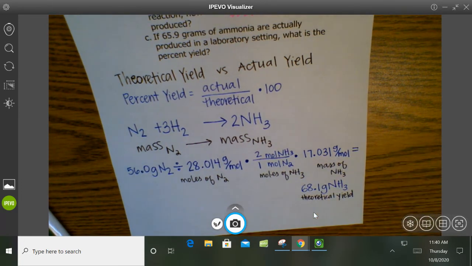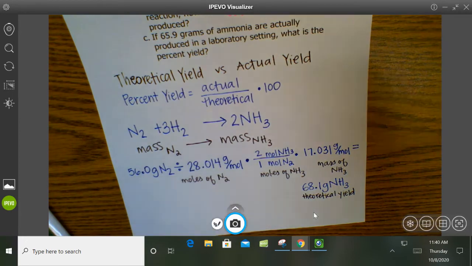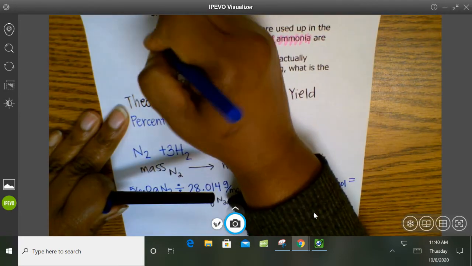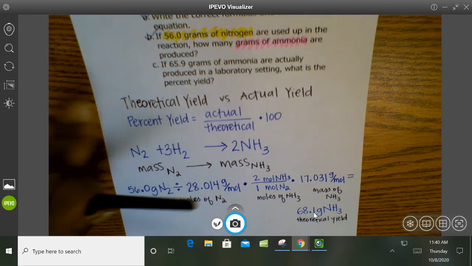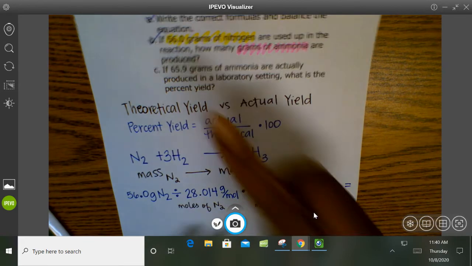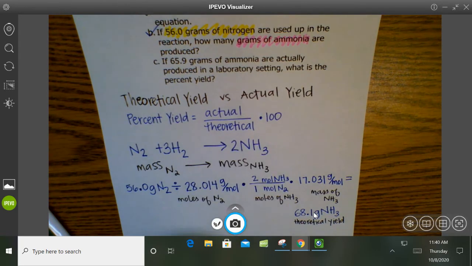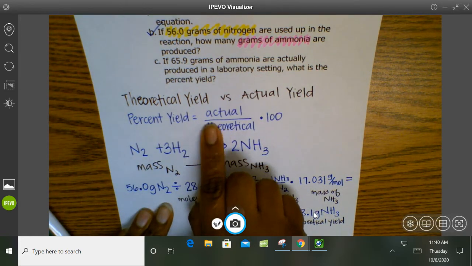All right. Now, I'm going to check off that part, it is done. Okay. Looking at C, it says, well, if 65.9 grams of ammonia are actually produced, that's your actual yield. What is the percent yield? So now I need to use this formula here.